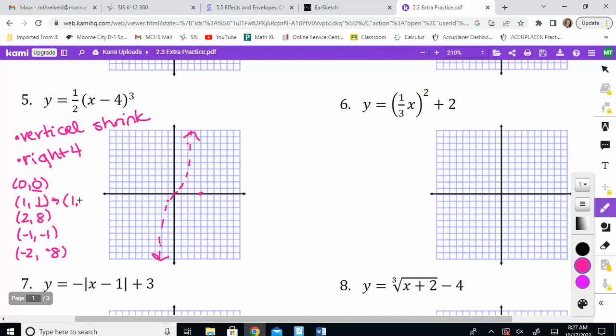1, 1. If you take your y times a half, you get 1, 1/2, and then right 4. 2, 8.